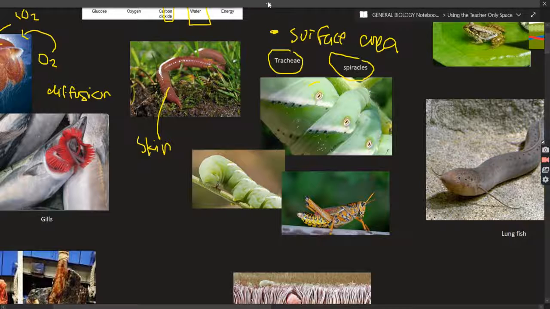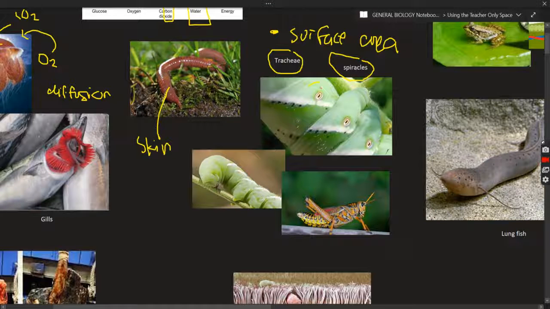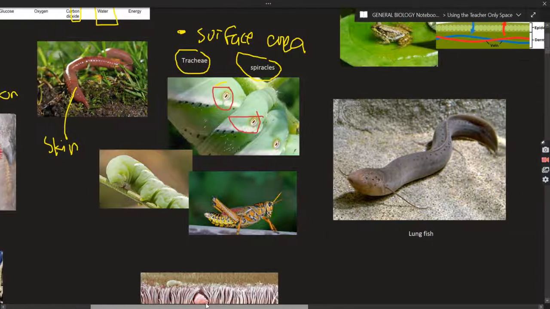So this one is a hole, this one is another hole. So anong nangyari, yung oxygen or yung gases na present sa ating air, they just diffuse through these holes. Now, the series of tubes that are present inside an insect are known as tracheae, but the openings are spiracles.